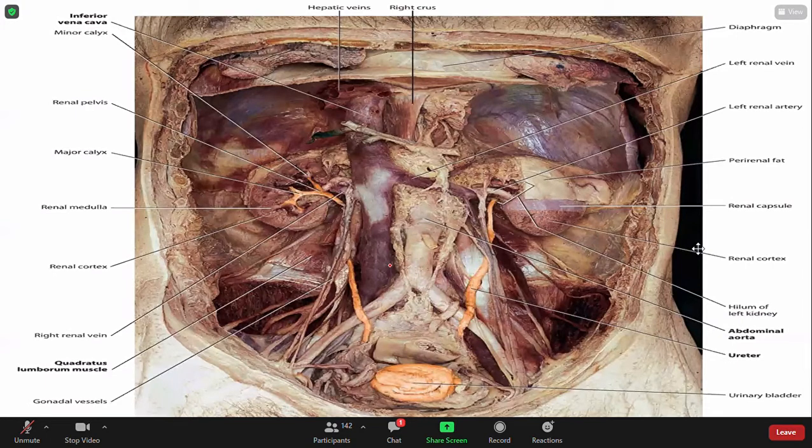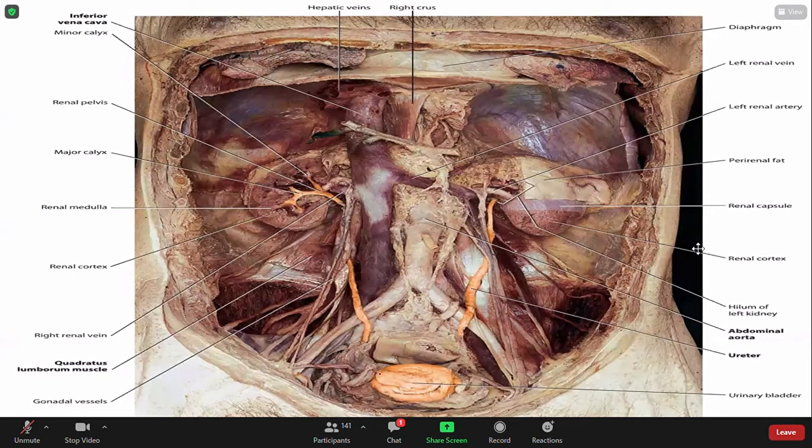So there are 3 normal anatomic and physiologic constrictions of the ureters: at the uretero-pelvic junction, at the crossing of the iliac vessels, and at the uretero-vesical junction.